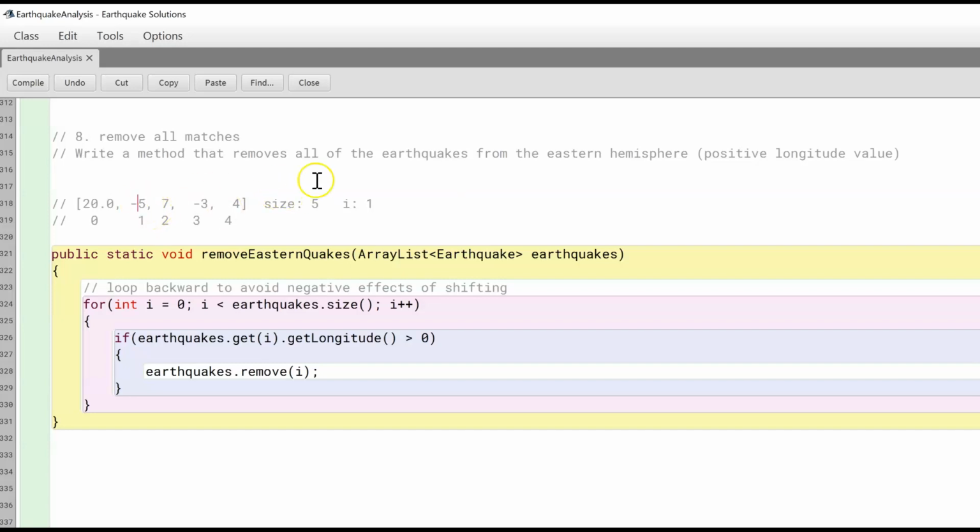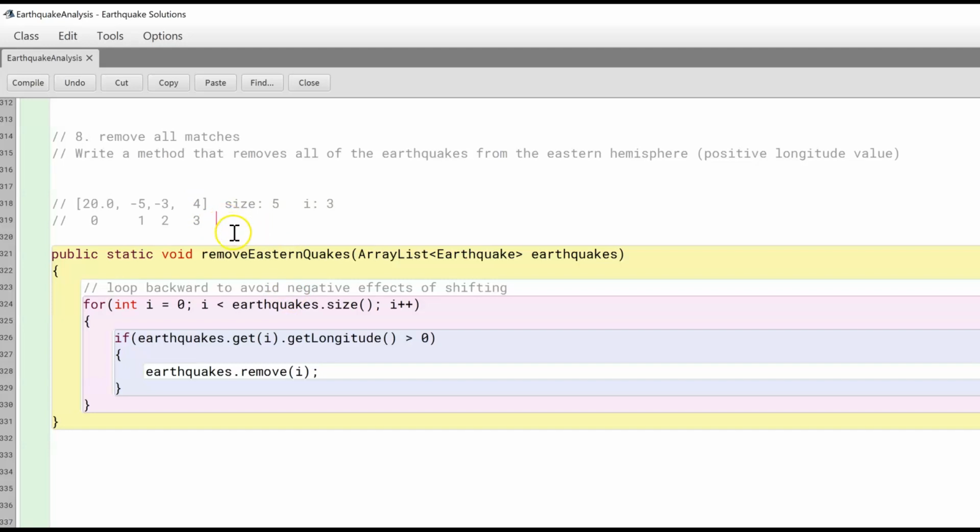So that one doesn't match. i equals 2. This one is a match, so the 7 goes away. The -3 moves over. And in this case, when i is 3, it's okay because the -3 happened to be next to it. So this 4 will be correctly removed.